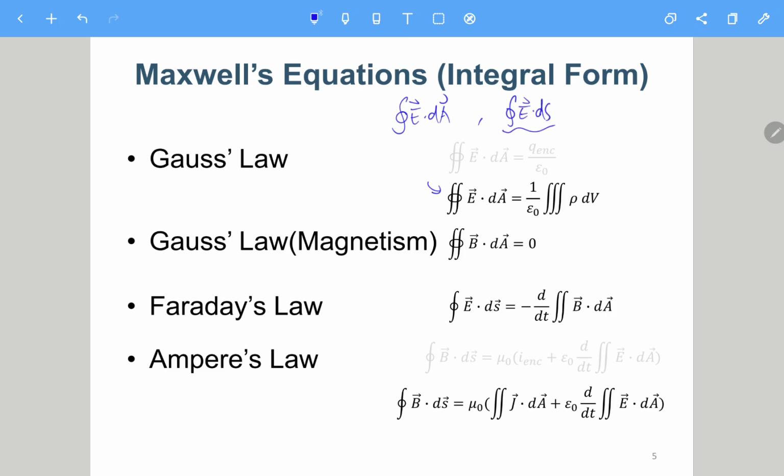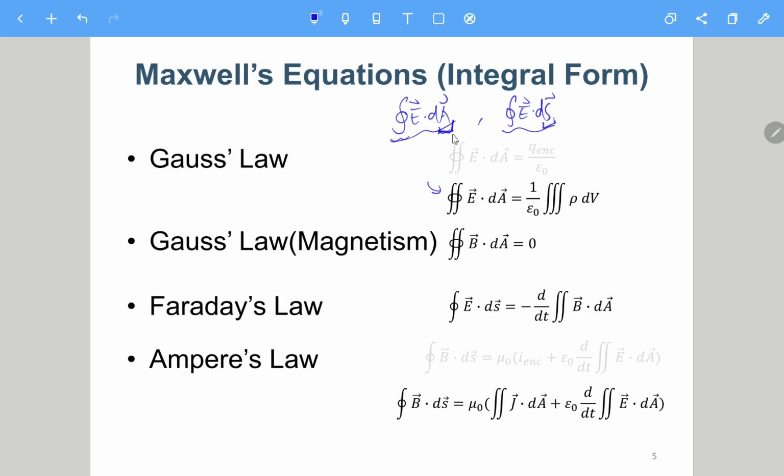But this is a line integral, and this is a surface integral. They should not look alike, but the book only uses dA and ds to specify whether it is 2-dimensional or 3-dimensional, or only 1-dimensional or 2-dimensional.